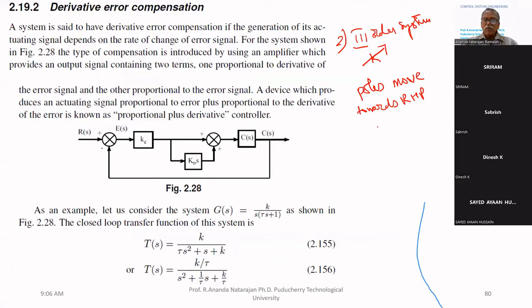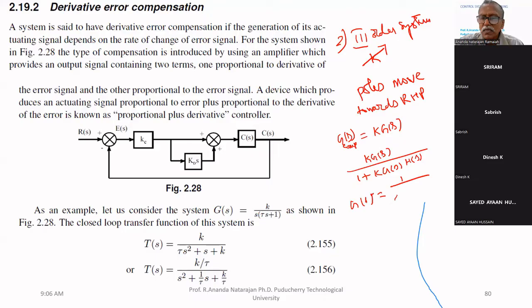suppose I have an open loop transfer function K G of S. If you find the closed loop transfer function of the compensated system, which is K G of S, what is the closed loop transfer function? K G of S upon 1 plus K G of S H of S. But for a unity feedback system, H of S equals 1. Suppose G of S equals 1 upon S multiplied by S square plus S, third order.